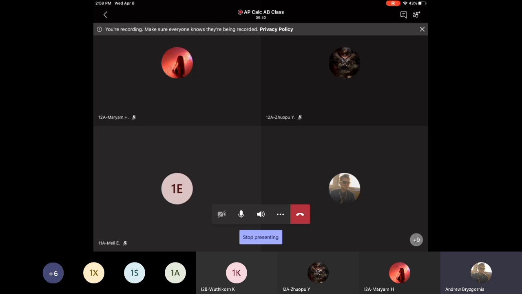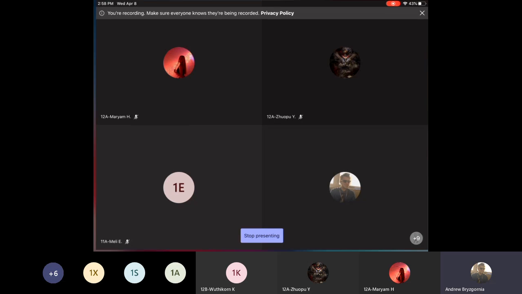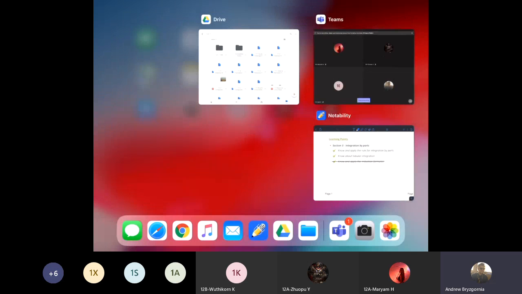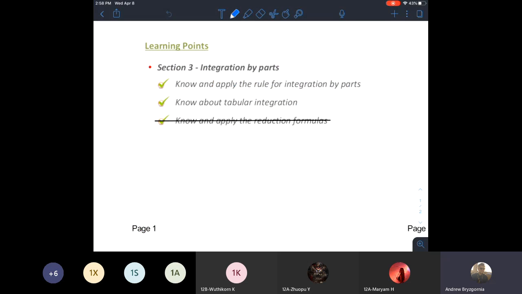All right. So what we are doing today is one of my favorite topics from Calc BC. It is called integration by parts, and it's a beefed up u-substitution is probably the best way I can describe it.